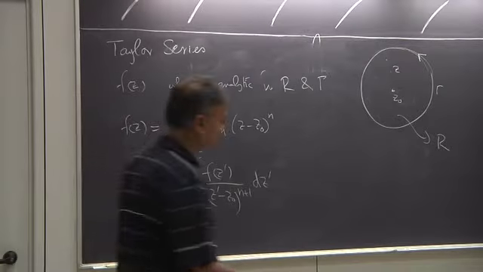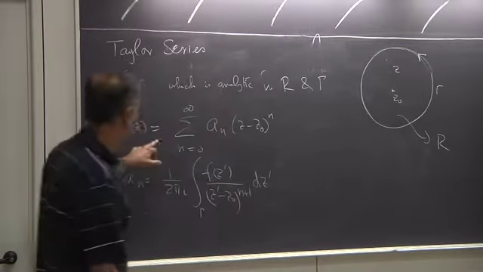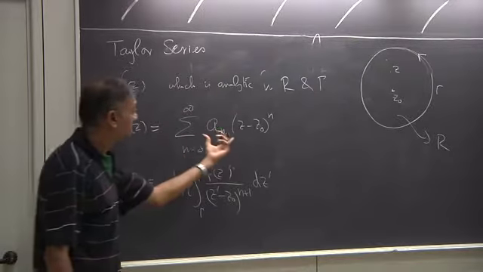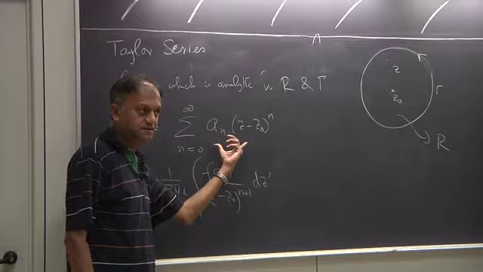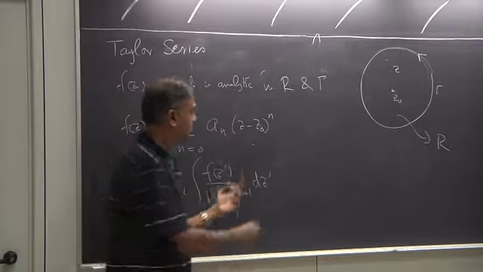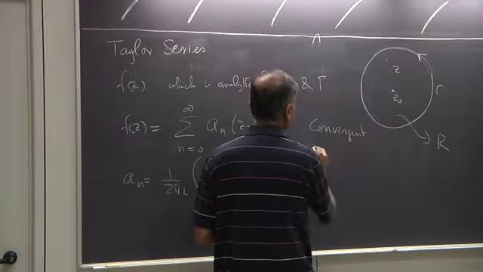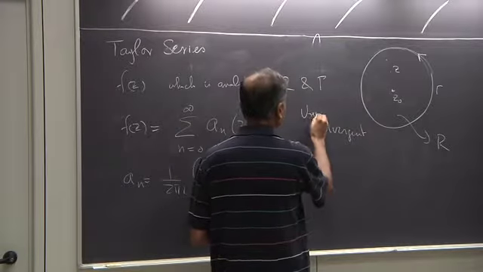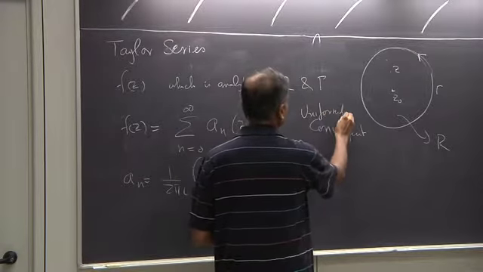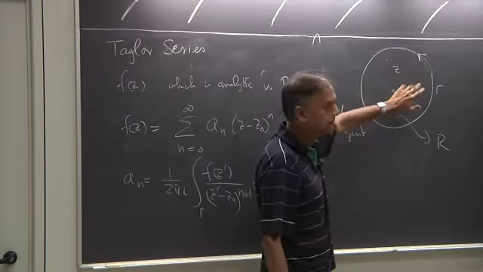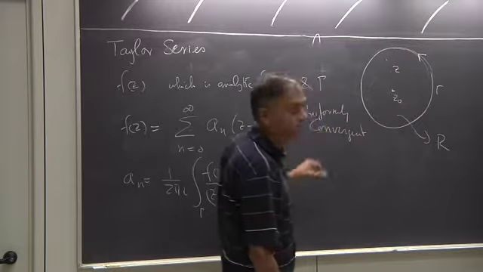So, it's a series, and the statement is that you can write f of z in this form. This is an infinite series, but this series is in fact convergent, and in fact it will be even uniformly convergent inside this region. I mean, z can be anywhere, and it's uniformly convergent.